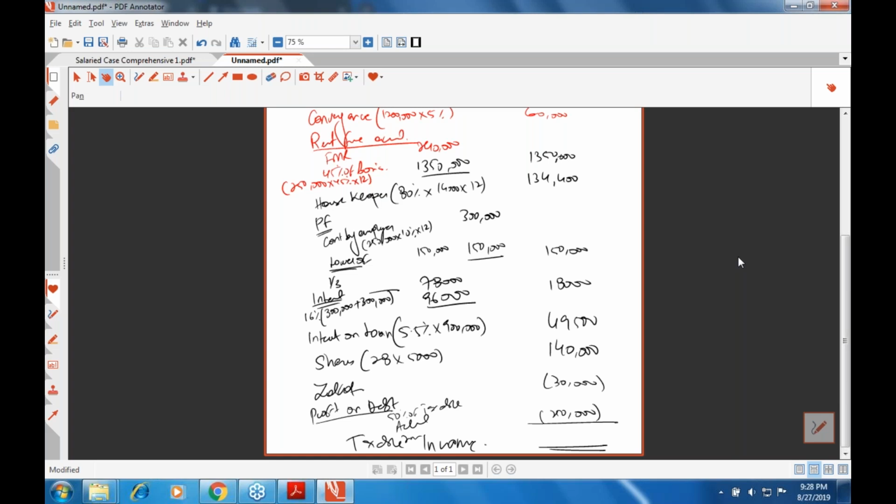Okay, when we talk about profit on debt, you can claim it if you have paid interest on a house loan.